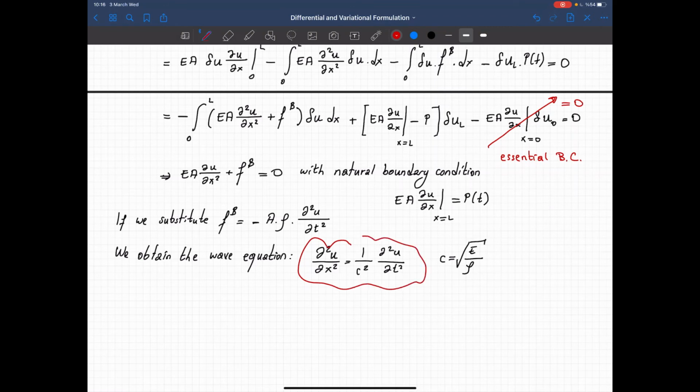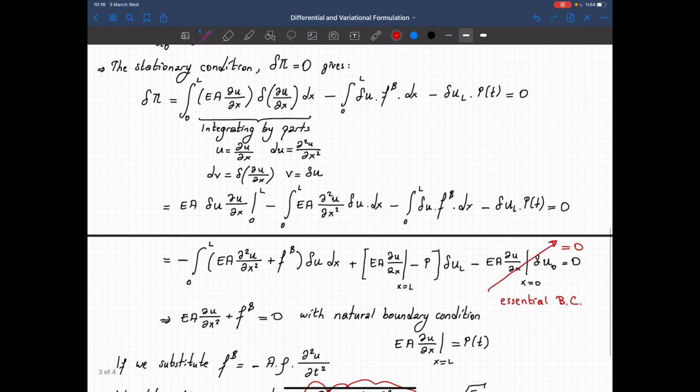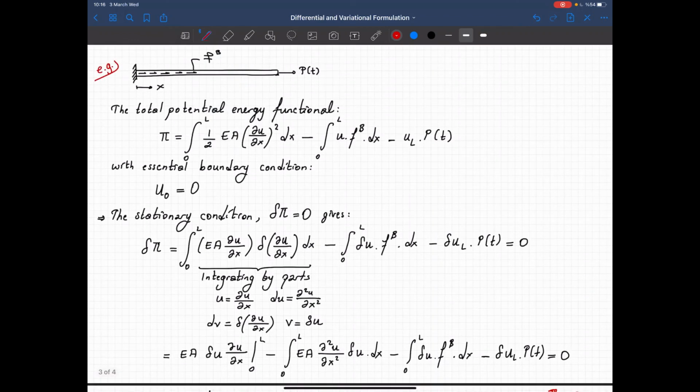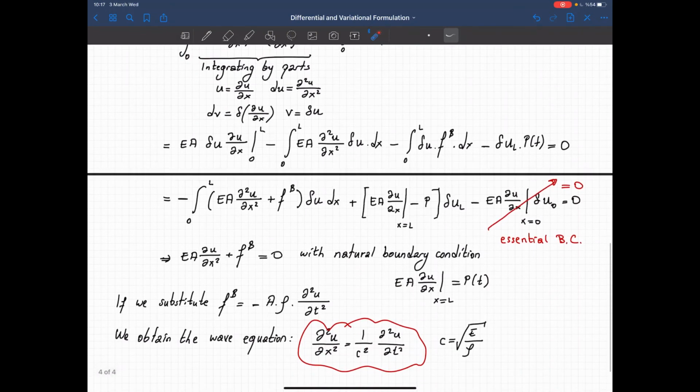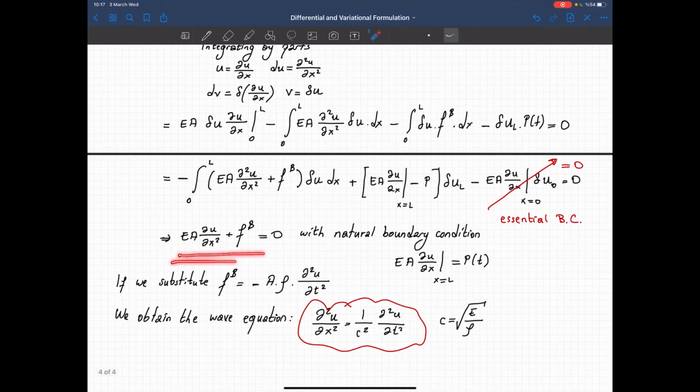And as you see, we obtained the same governing differential equation by using the variational formulation, and our starting point is the total energy function. We didn't use any differential element, we didn't write any force equilibrium conditions and so on. Our starting point is the total potential energy functional. We take the first variation, and as you see, this is the equilibrium equation, right?